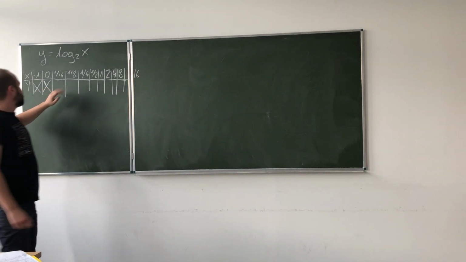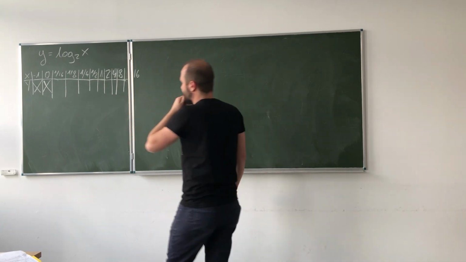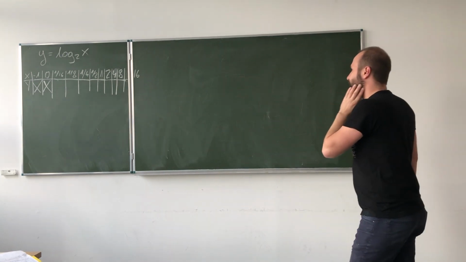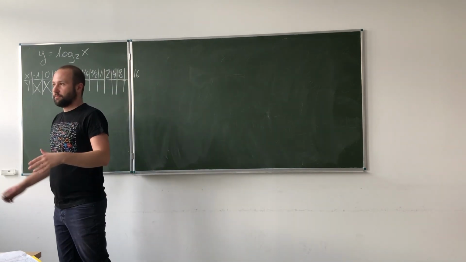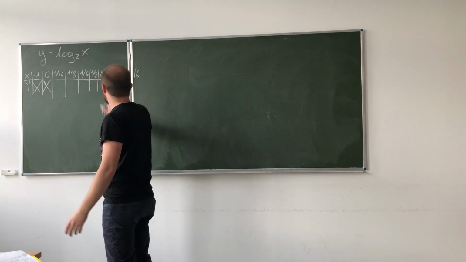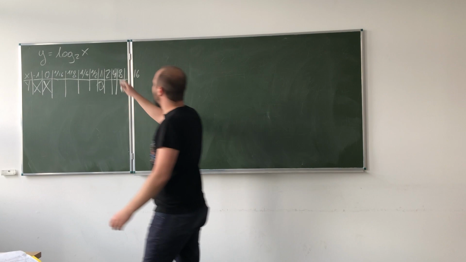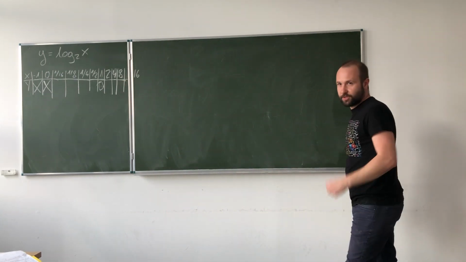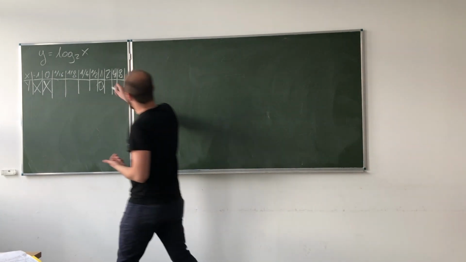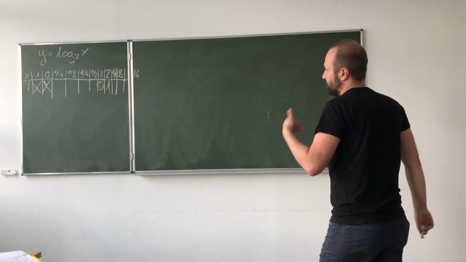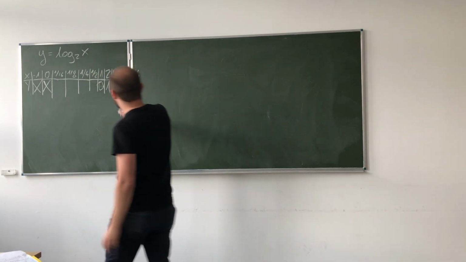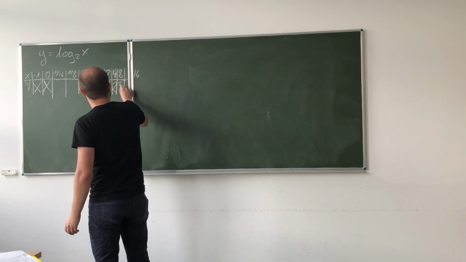Okay, and so now let's start from the middle, just like we did before. To which power do I need to take 2 in order to get 1? Well, the answer is 0. To which power I need to take 2 in order to get 2? The power is 1. To which power I need to take 2 in order to get 4? The power is 2. The next one will be 3.